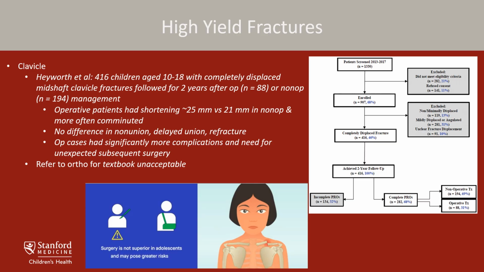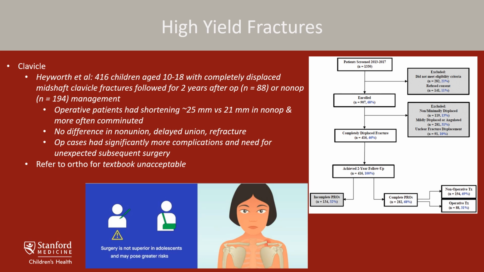Hayworth et al. followed over 400 teenagers with these types of clavicle fractures for 2 years and followed their outcomes after either operative or non-operative management. Intuitively, the fractures that went for surgery more often had shortening above that threshold of 2 centimeters, and these were more often comminuted, or in multiple pieces.